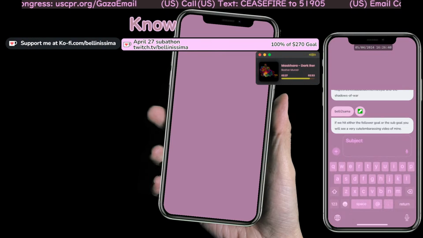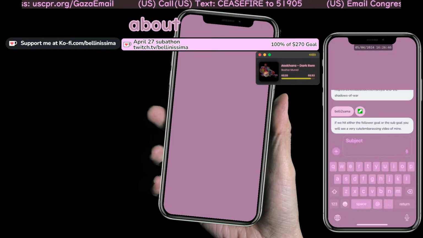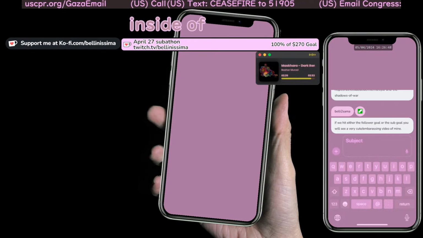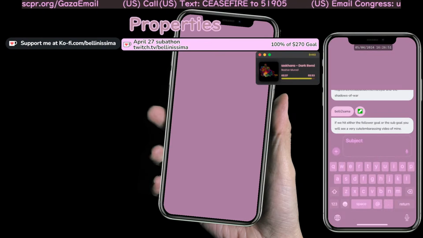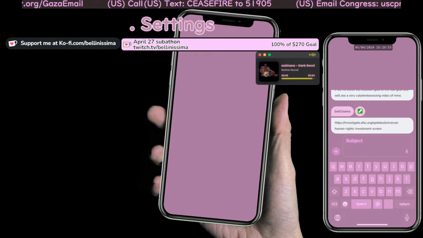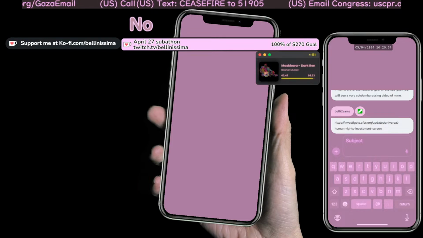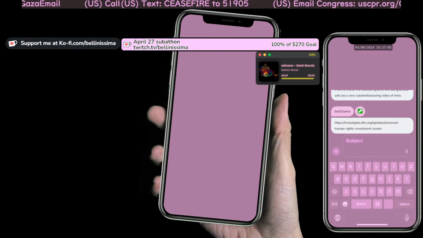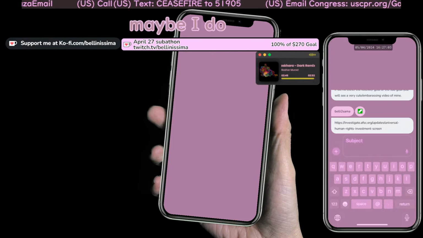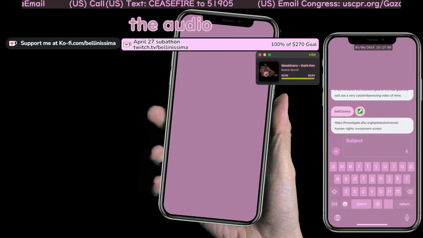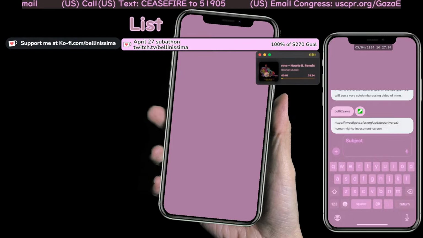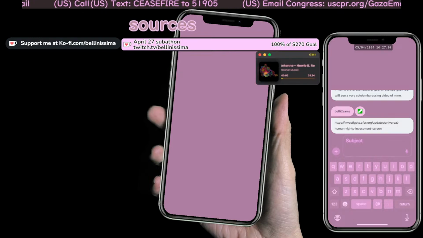Sources. I need the audio. Oh, is there not a thing about controlling audio inside of OBS? Properties? Settings. Settings? No? Huh. So then maybe I do need to add it to the audio scene. Nested audio sources.